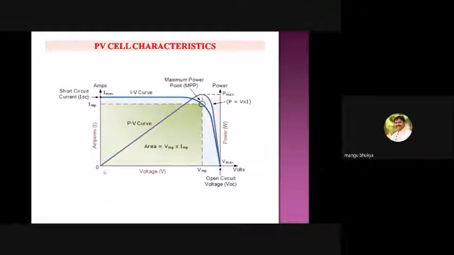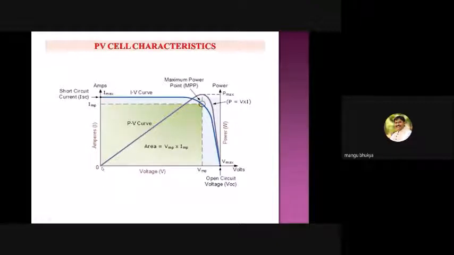If you increase the voltage across the load, the current drawn from the panel varies. The starting point voltage is 0. What does voltage 0 mean? From the panel we have two terminals, one positive and the other negative.